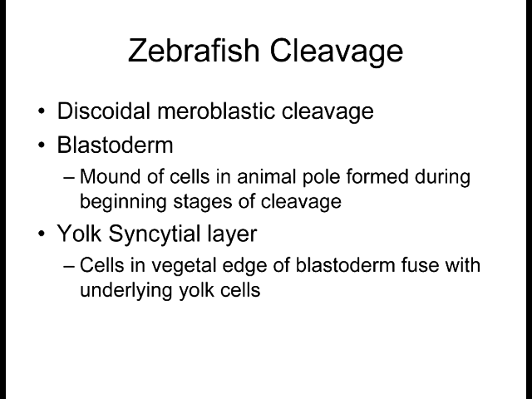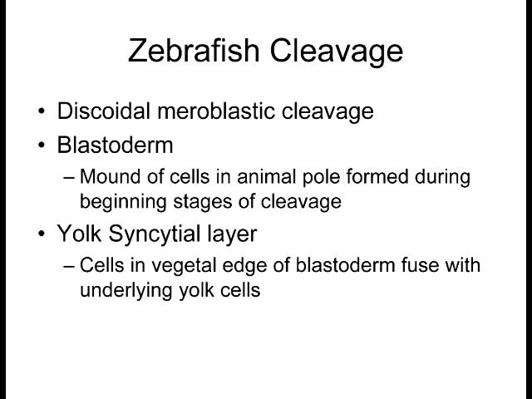There will be nuclei just beneath where cleavage is occurring, and we call this the yolk syncytial layer. Remember syncytial specification, where the nuclei just beneath this layer will eventually surround and still become this yolk syncytial layer. There will be nuclei just underneath that are important in the development process.